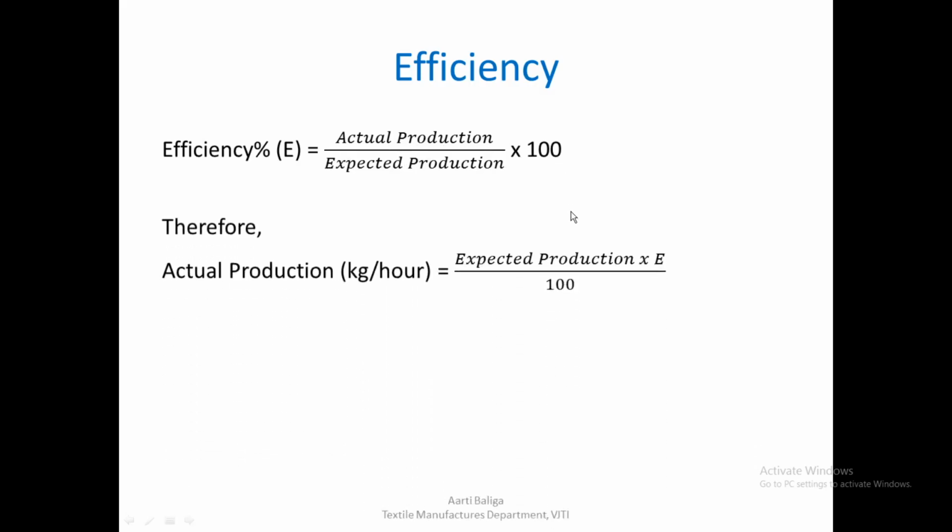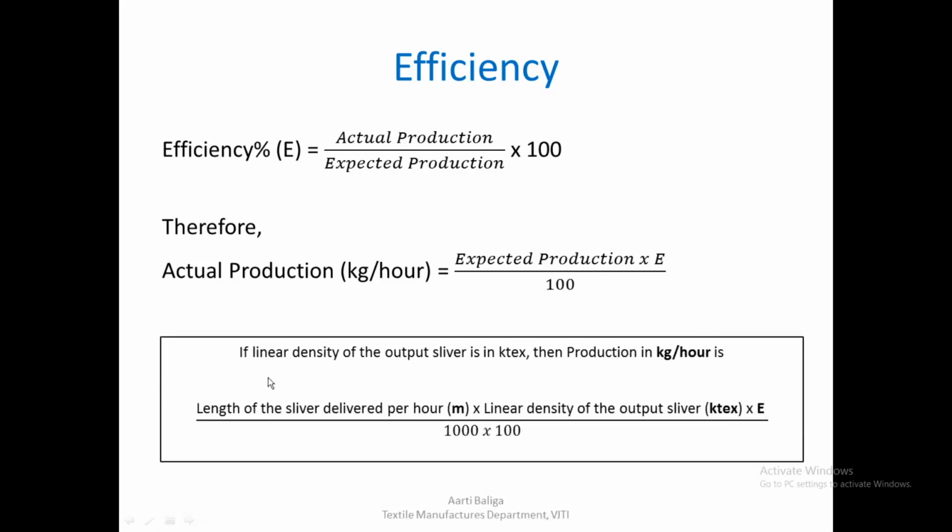You can reshuffle this and find out actual production in case you know the efficiency of the machine. So in the problem, if efficiency of the machine is given, whatever production we calculated earlier using the earlier formulas, if you simply multiply it by efficiency divided by 100, what you would get is the actual production in kgs per hour. So this would be your formula now.